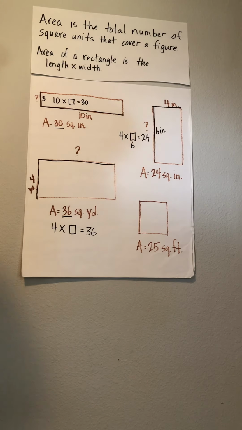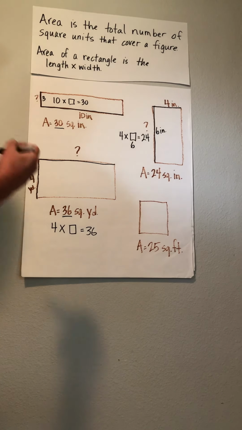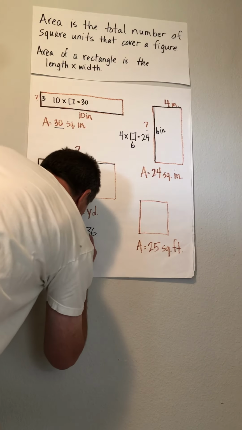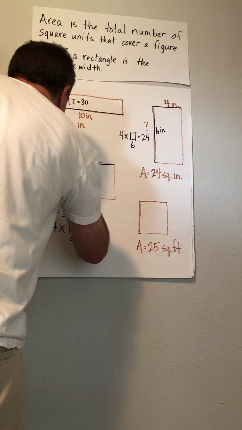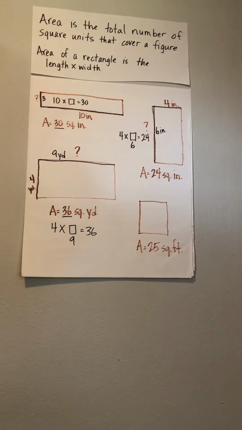So again, think back to your multiplication facts. 4 times what equals 36? Let me call on somebody. Liza, 4 times what equals 36? Yes, 4 times 9 equals 36. So this side is 9 yards.